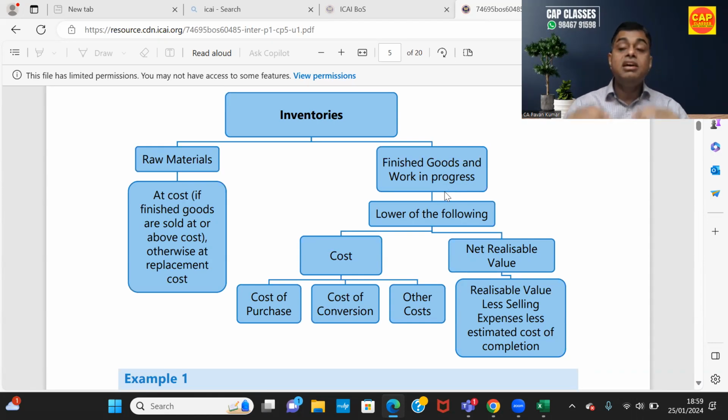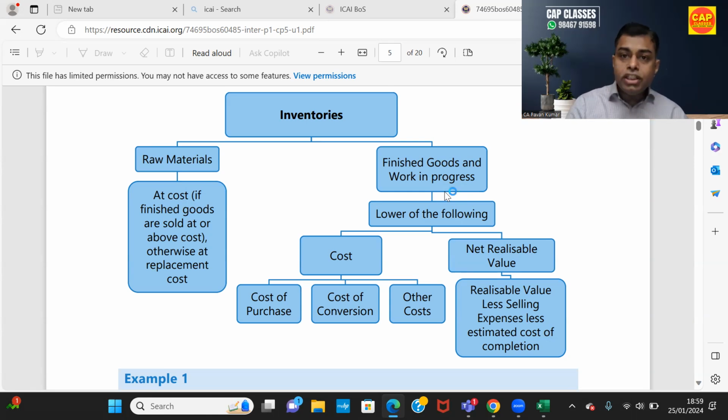Now the question is why? You tell me why for raw materials, we are not comparing it with NRV. Simple, because if I have raw material in my godown, I am not just a trader, I am a manufacturer.